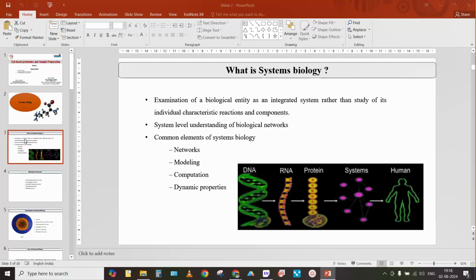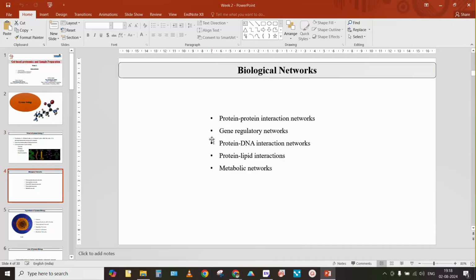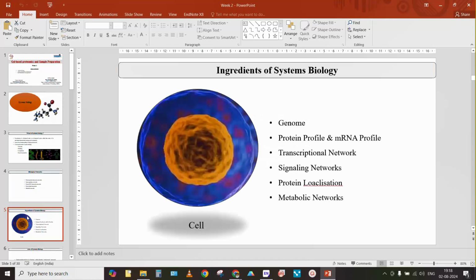Okay, so the next is the biological networks. It covers protein-protein interaction networks, gene regulatory networks, protein-DNA interaction networks, protein-lipid interactions, and metabolic networks. Then the various ingredients of systems biology.